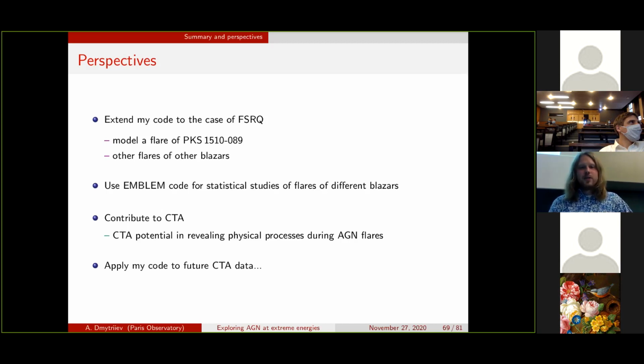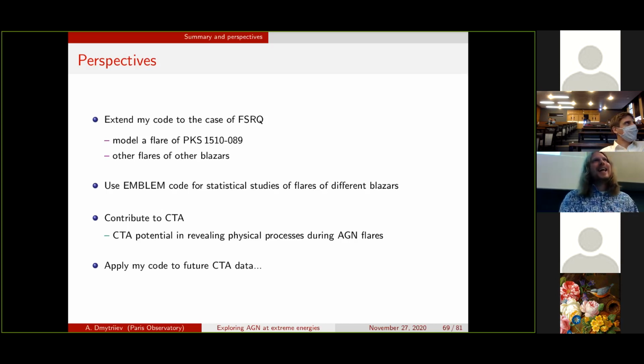Then I'm planning also to perform statistical studies on different sources and contribute to CTA, of course. I plan to stay in CTA. My plan is to contribute to the task force on AGN flare modeling.